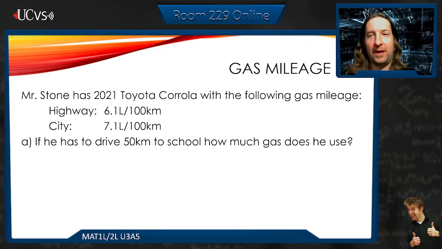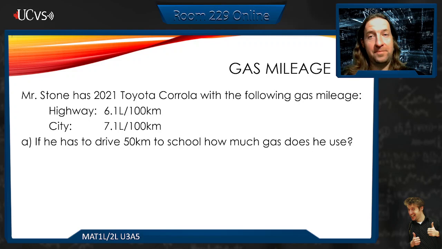So on the highway, it says that my car uses 6.1 liters of gas for every 100 kilometers that you drive. So there's a nice ratio, right? Every 100 kilometers that you drive on the highway, you're going to use 6.1 liters of gas.